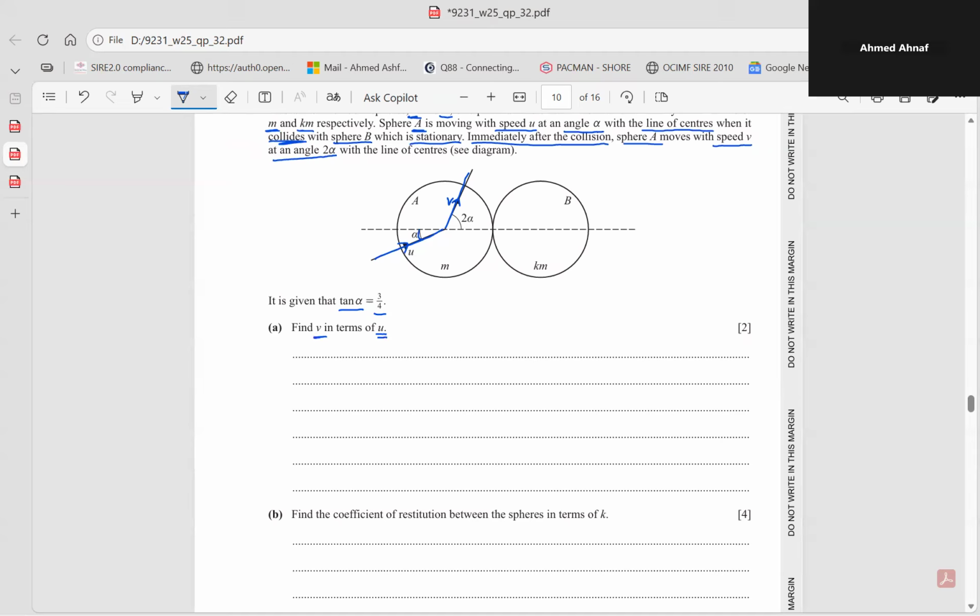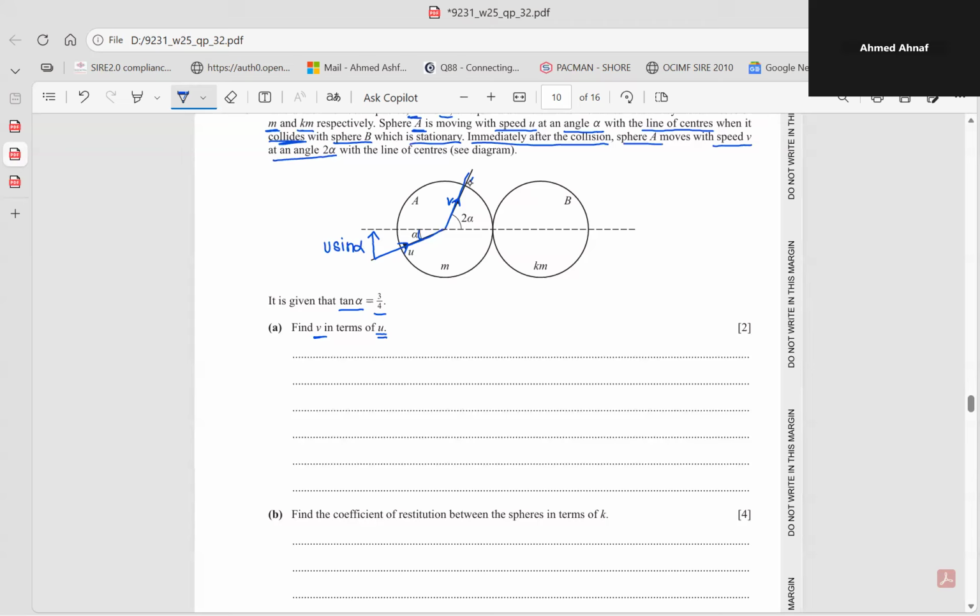This is a really simple question. For oblique collisions like this, the component of velocity perpendicular to the line of centers before and after the collision remains the same. So initially, A had a component of u sine alpha.